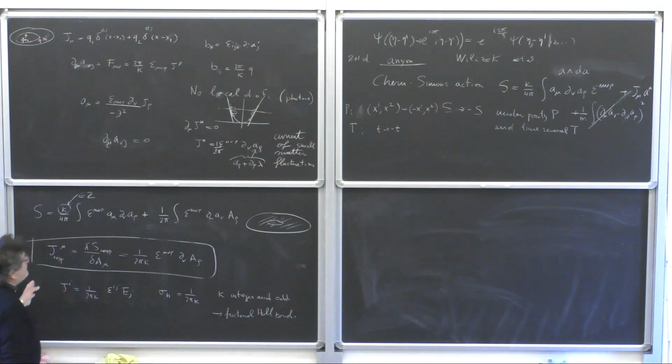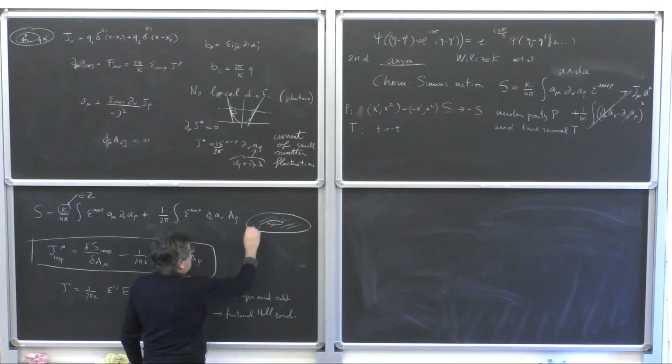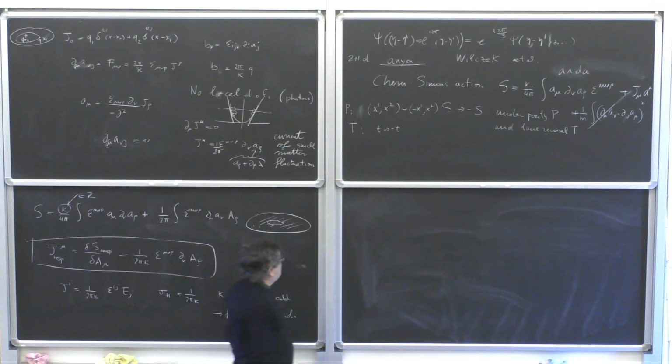One of them is the Hall current, and the other is the fractional statistics, if I consider static local excitations in this bulk.